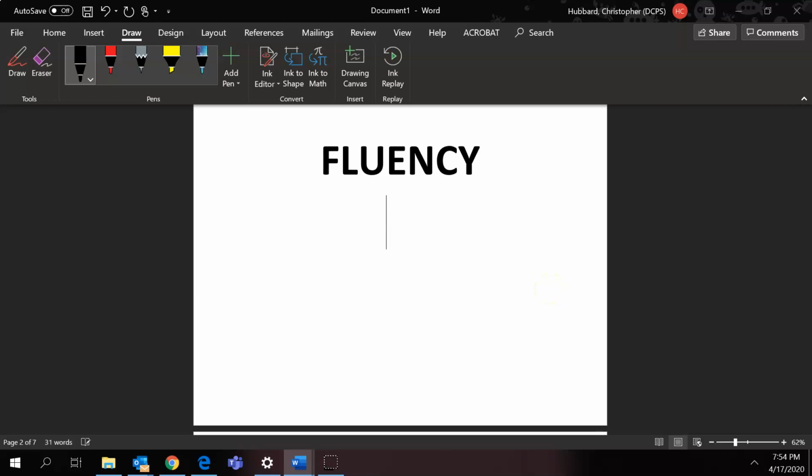68. Good. 100. 90. Good. 107. Little tricky. 97. Awesome. 182. 172. Keep going. 201.